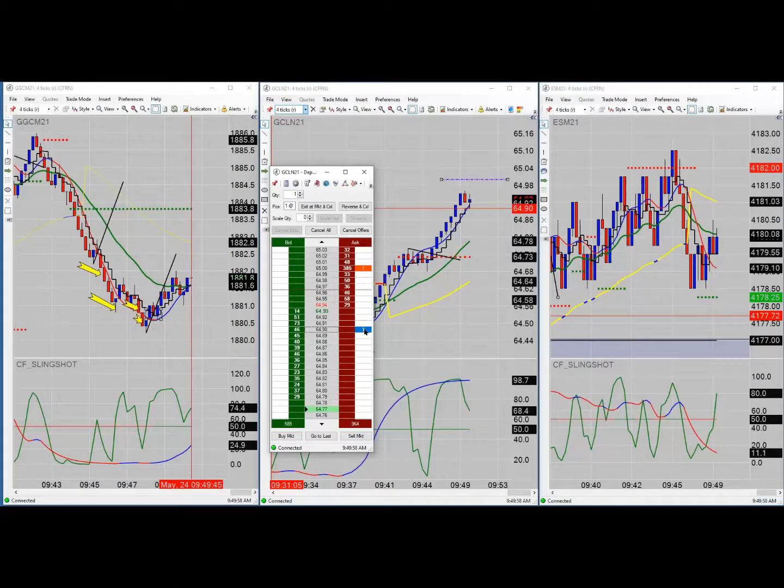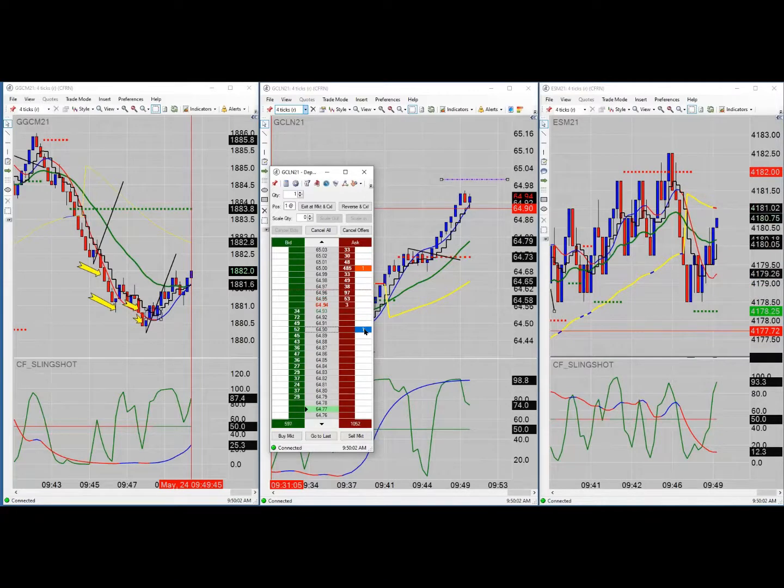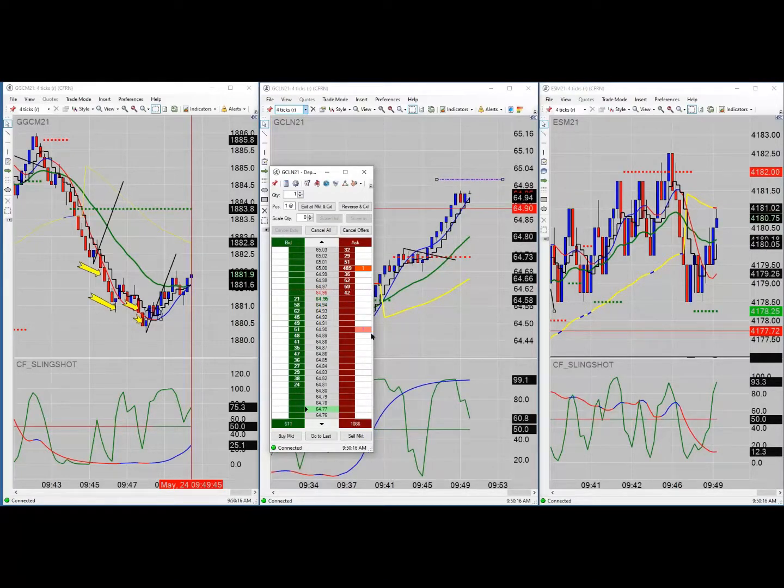Come on, just make the last push right now. Feels like it wants to right now. Do one of those turn up right here. Bang, right up to the 23 tick mark.